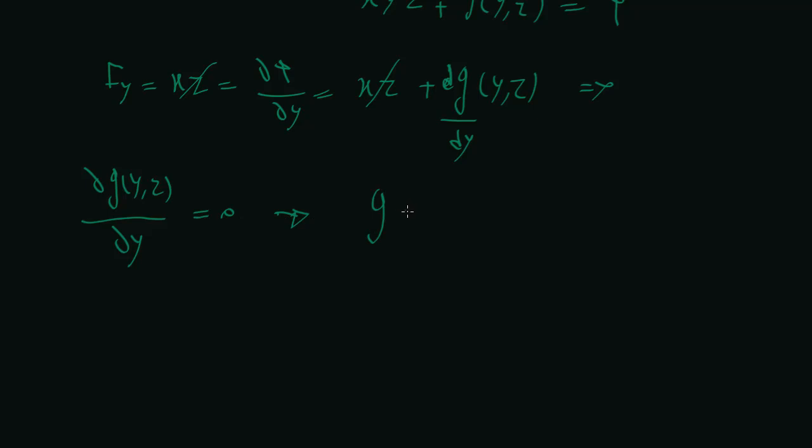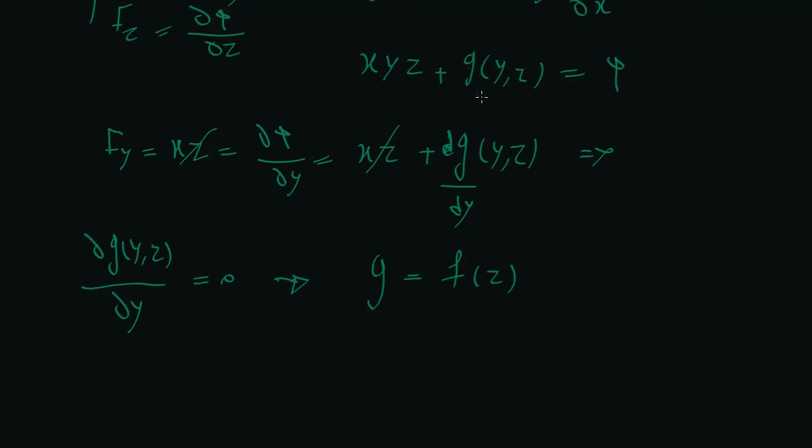So g is equal to a function of z, let's say f of z, because if g is a function of z, then its derivative with respect to y would be 0. So this equation is true. So far we have reduced this unknown function from being a function of two variables to being a function of one variable.